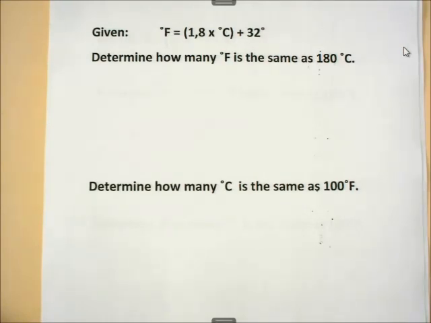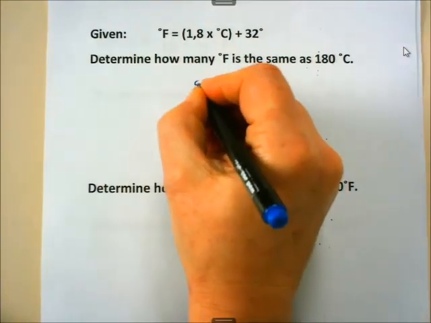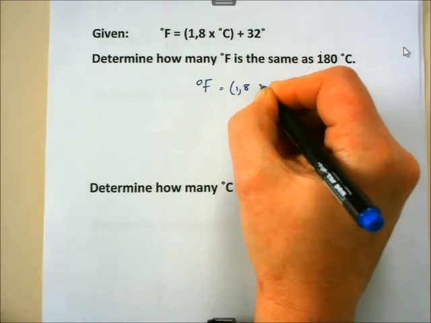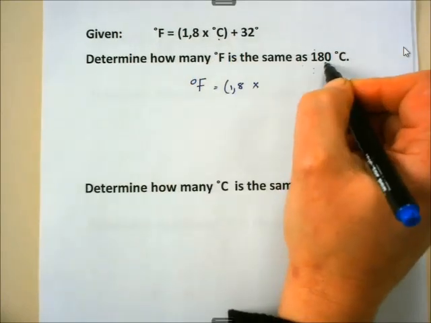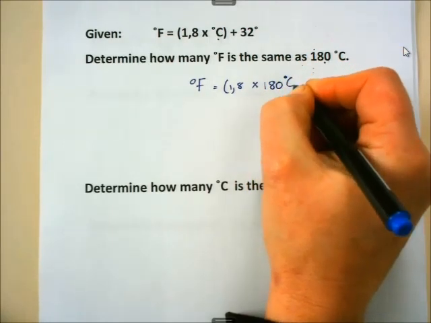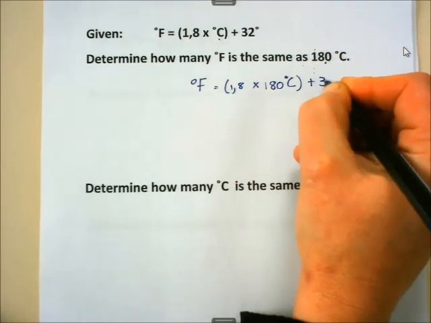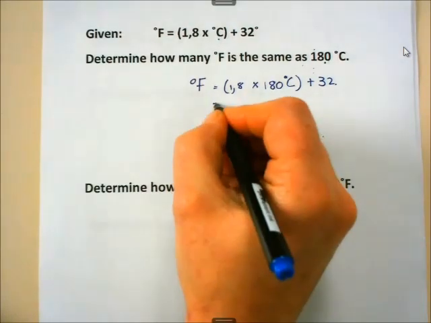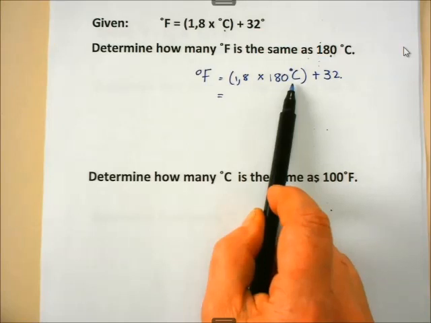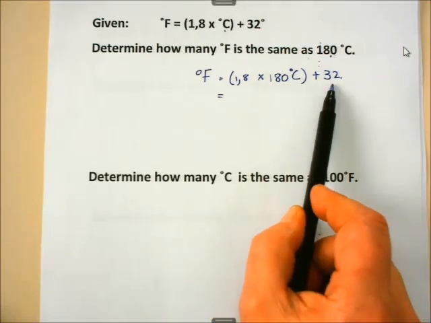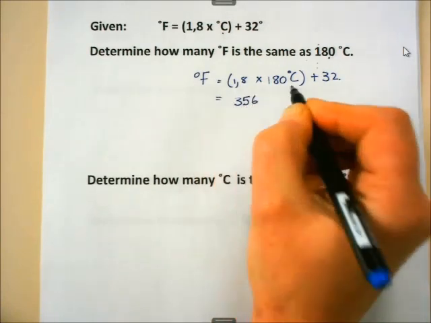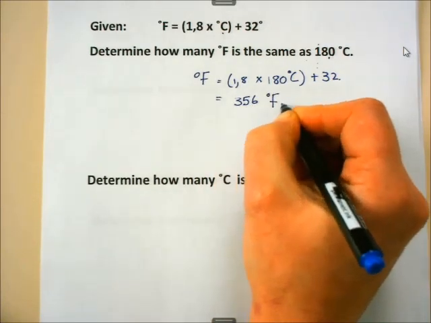In other words, you will simply say degrees Fahrenheit is equal to 1,8 times the 180 degrees Celsius that I'm going to put in there, plus 32. On your calculator, you are going to work out 1,8 times 180, and you're going to add 32. You will see the answer is 356 degrees Fahrenheit.